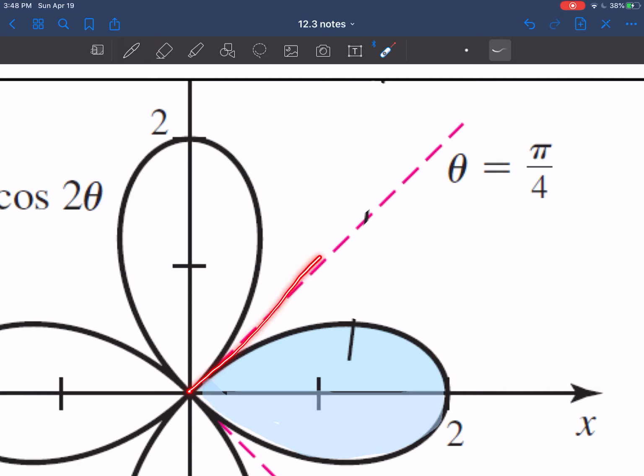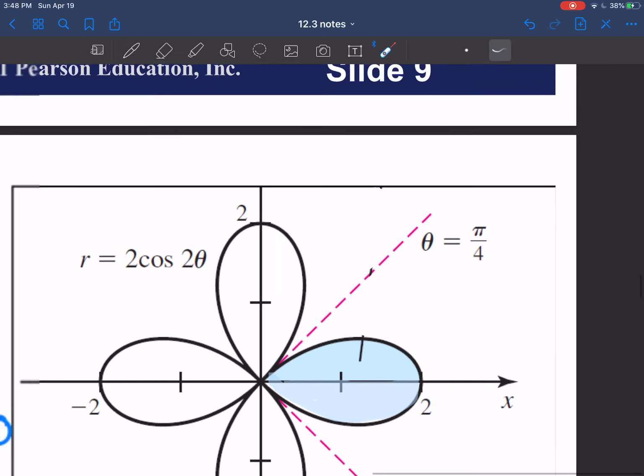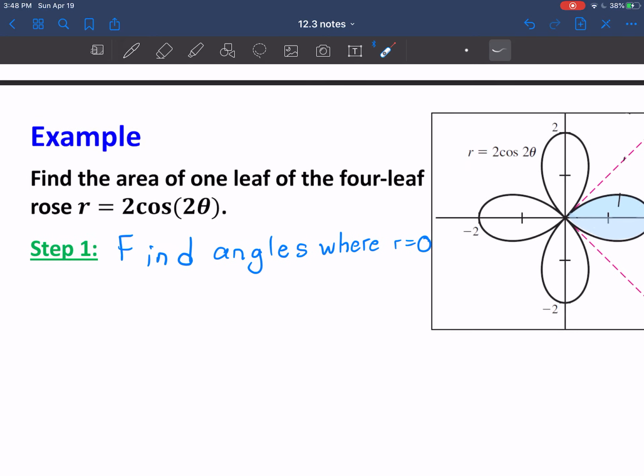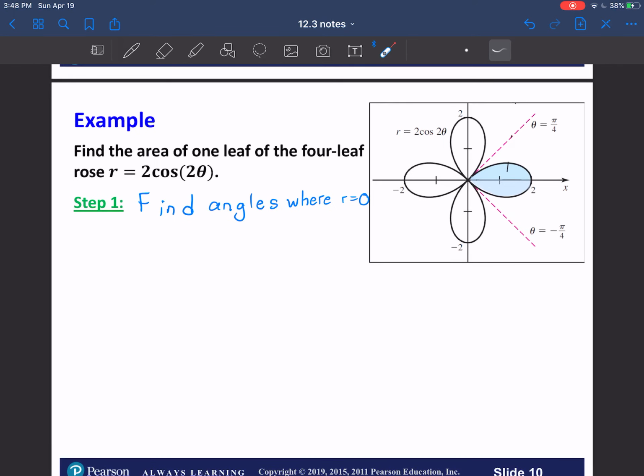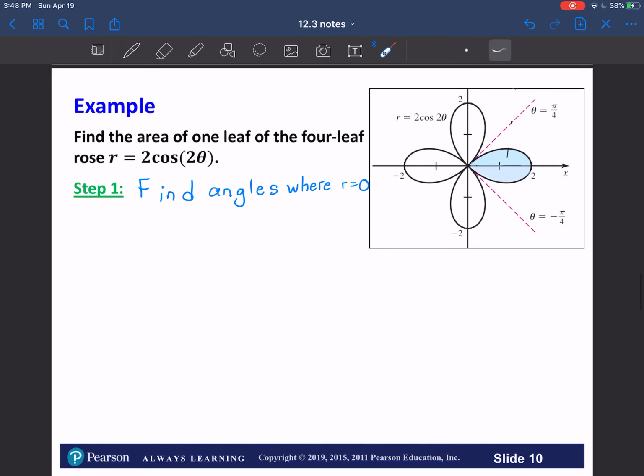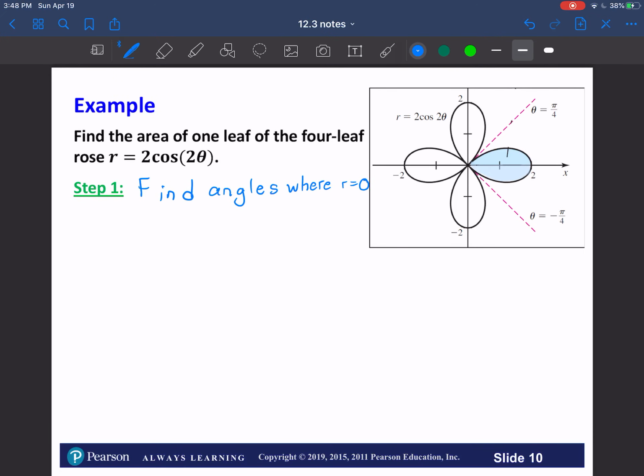Because if you were to draw a line straight out, you would never contact your region, so the radius is 0 here. Without a picture, the way that we would do this is as follows. We need to write 0 equals 2 cosine 2 theta and solve for theta. So we divide both sides by 2 and get 0 equals cosine 2 theta.